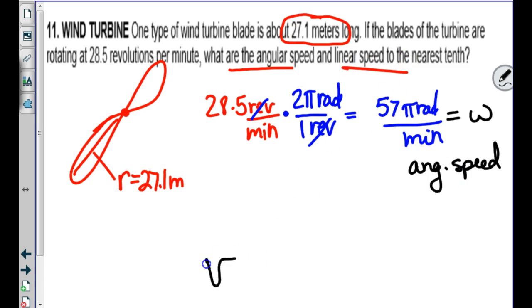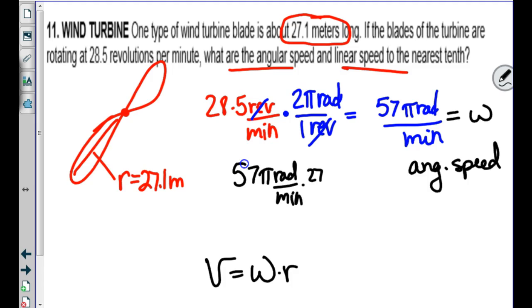Do you remember at the beginning of the hour I said this is the relationship you're going to use most often? So we got to multiply that 57 pi by what? Yep, by 27.1 meters.